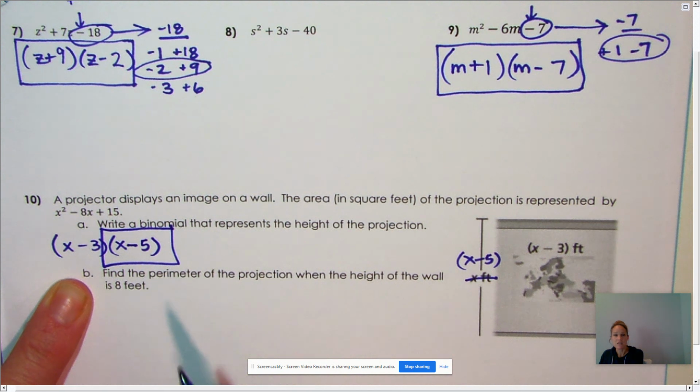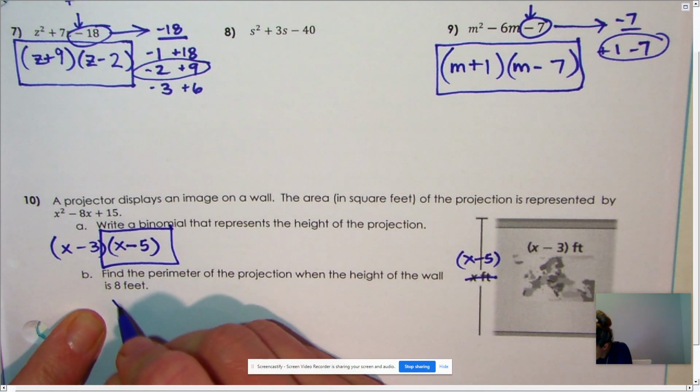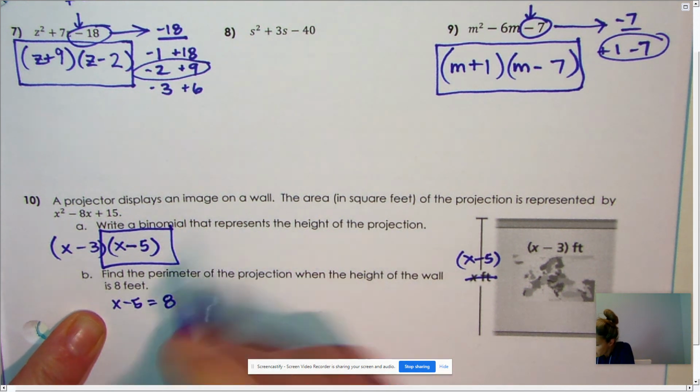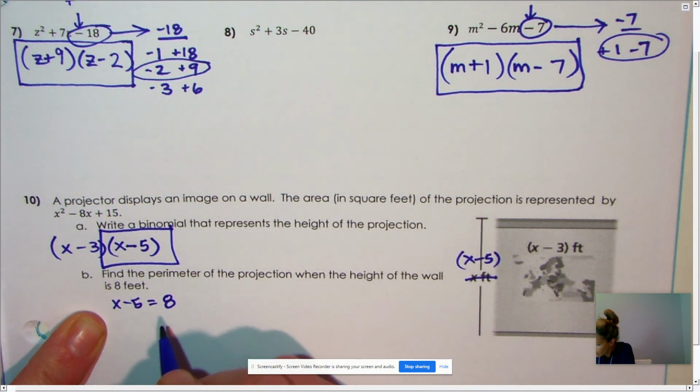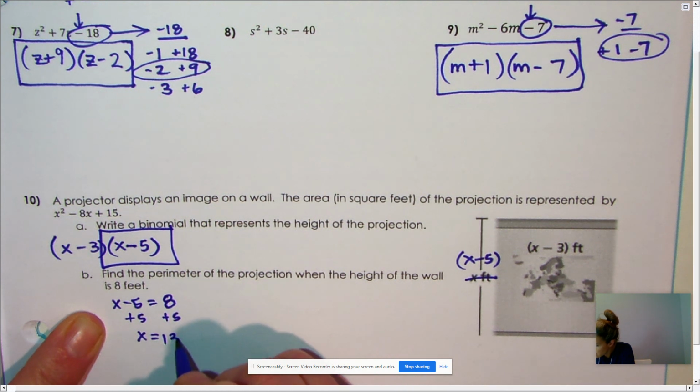Okay, so then it says find the perimeter of the projection when the height of the wall is 8 feet. Okay, so if the height, x minus 5, is equal to 8 feet, then we would have to solve for what x is. So plus 5, so x equals 13.